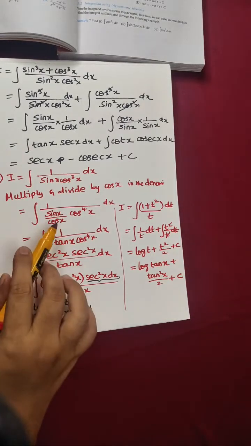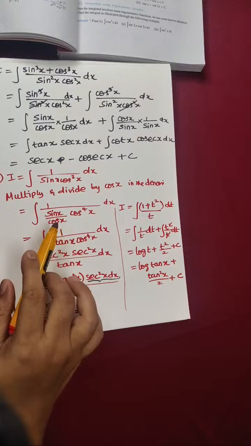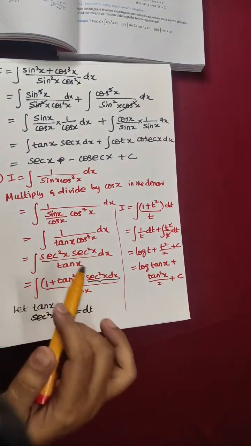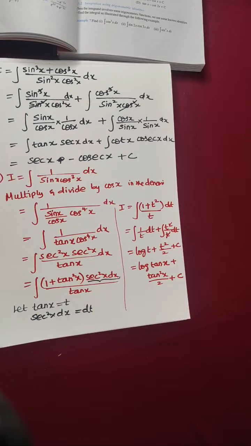Just we have multiplied and divided by cos so that it is easy for us to obtain tan and secant, so that you can use the substitution. Because sin x and cos cube, we can't do anything with that. So to avoid any confusions, if you take it in the numerator, it will be difficult to do the substitution part.